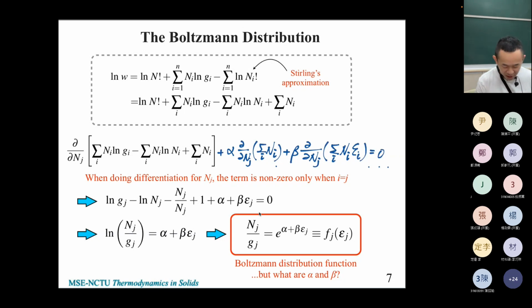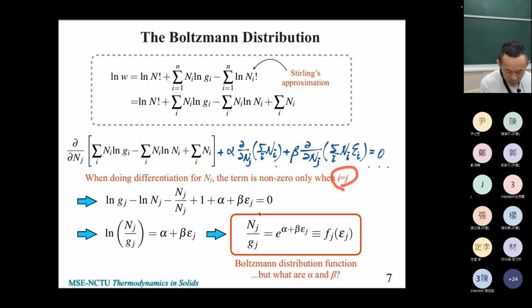Don't be frightened by these sigma terms, because when i is not equal to j, they are different variables. So when you do the partial differentiation, it is gone, it becomes 0. The only thing left when you do the differentiation for the summation is i equal to j.